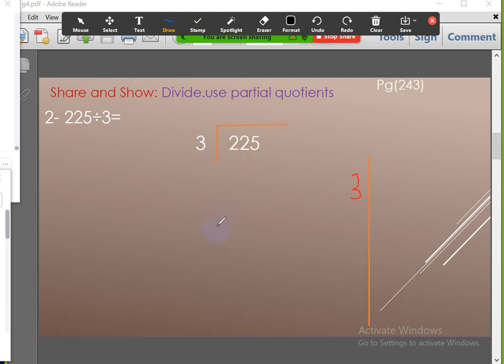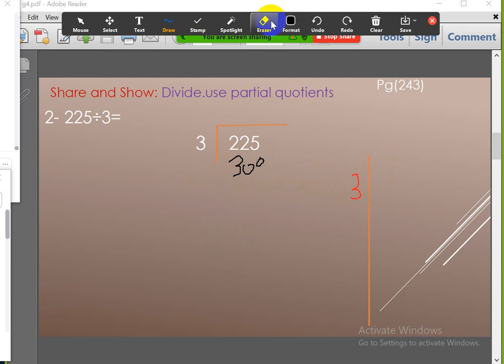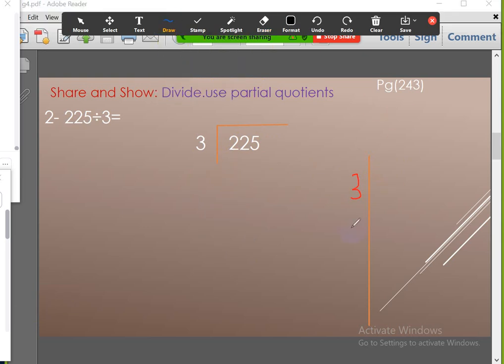I can't choose 100, girls, here, because 100 multiply 3 equals 300. Can I subtract 300 from 225? Of course I can't, because 300 is greater than 225. So let us choose a number less than 100.